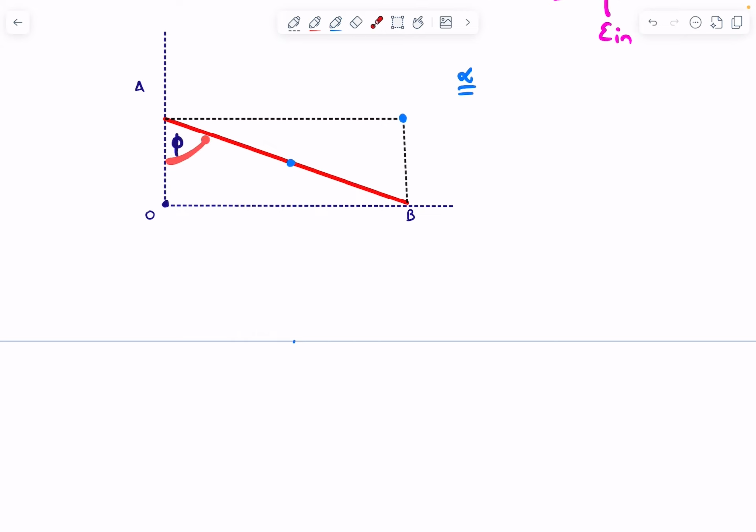The rate of change of this angle phi is what we defined as omega. So let's say alpha is nothing but d omega by dt, or the double derivative of the angle phi. I'm considering alpha also counterclockwise, similar to how omega is counterclockwise.